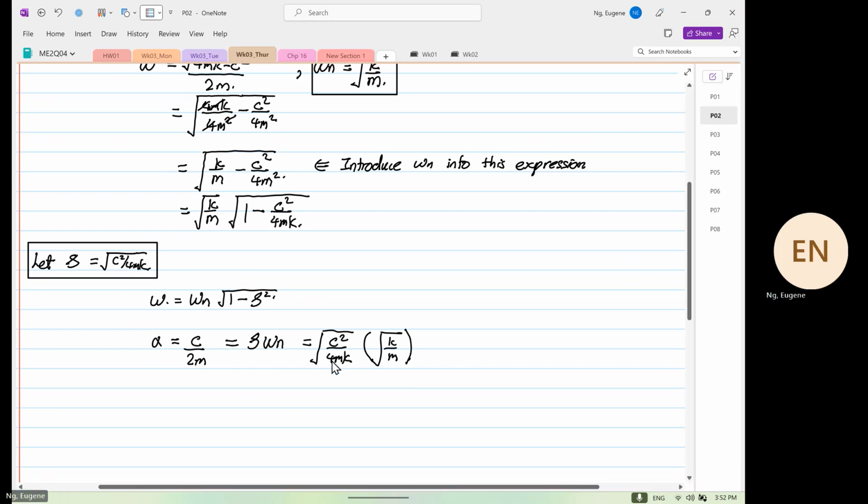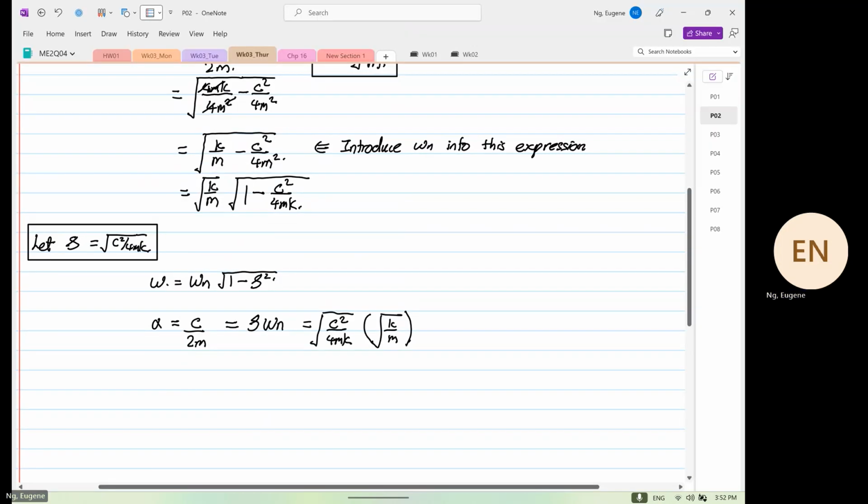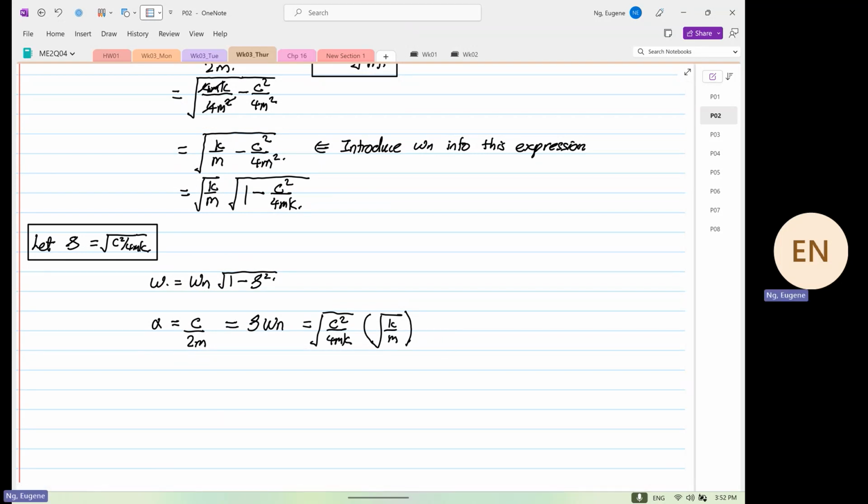Oh, sorry. This will be equal to what? This will be equal to square root c squared over 4m squared. This will be equal to c over 2m.